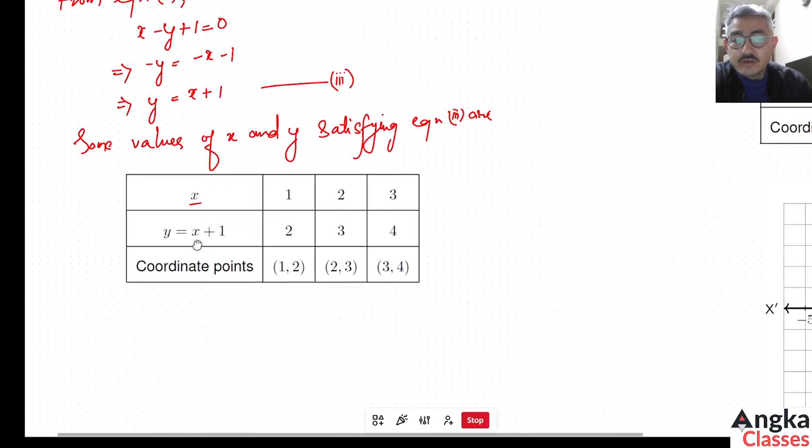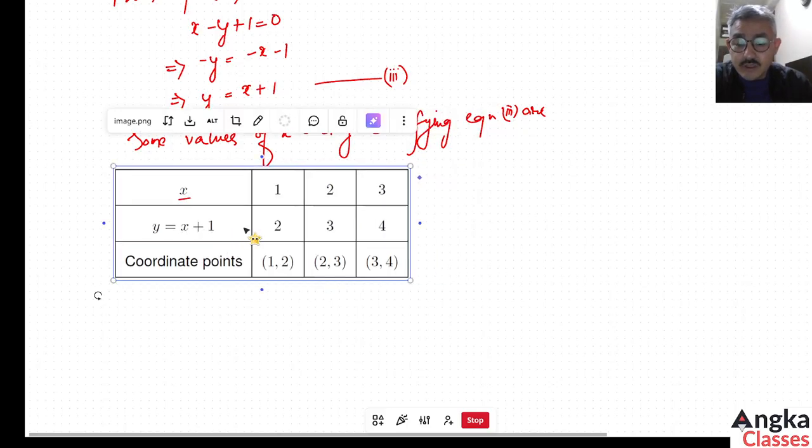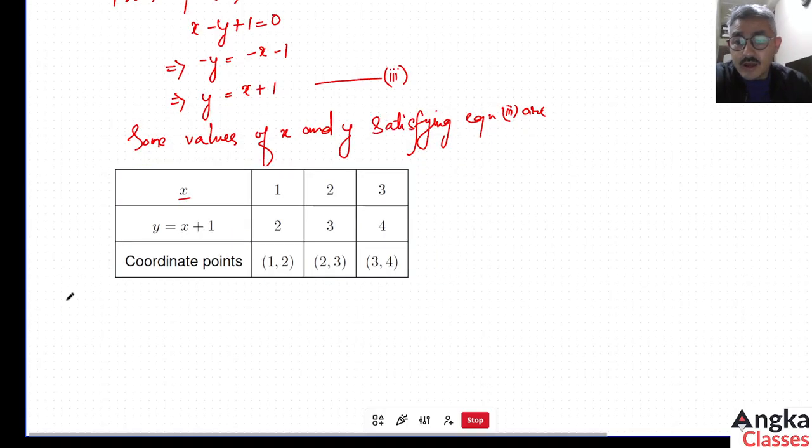When x is equal to 1, y is equal to x plus 1, which is 1 plus 1, which is equal to 2.